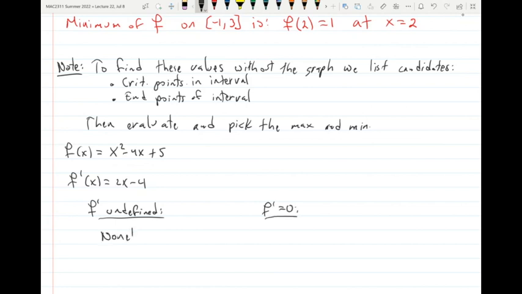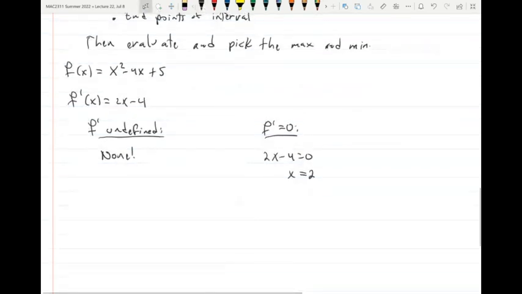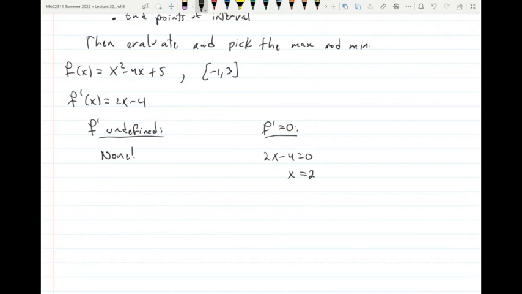Here we don't get anything because it's a polynomial. On derivative equal to 0, we solve this little equation, and x is equal to 2. Remember the interval was -1 to 3, so x equal to 2 is a critical point.